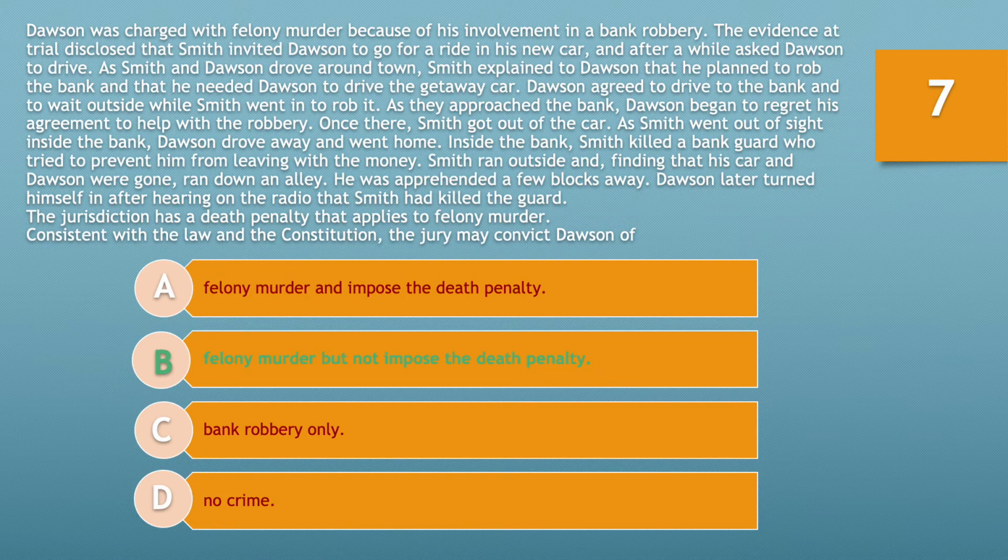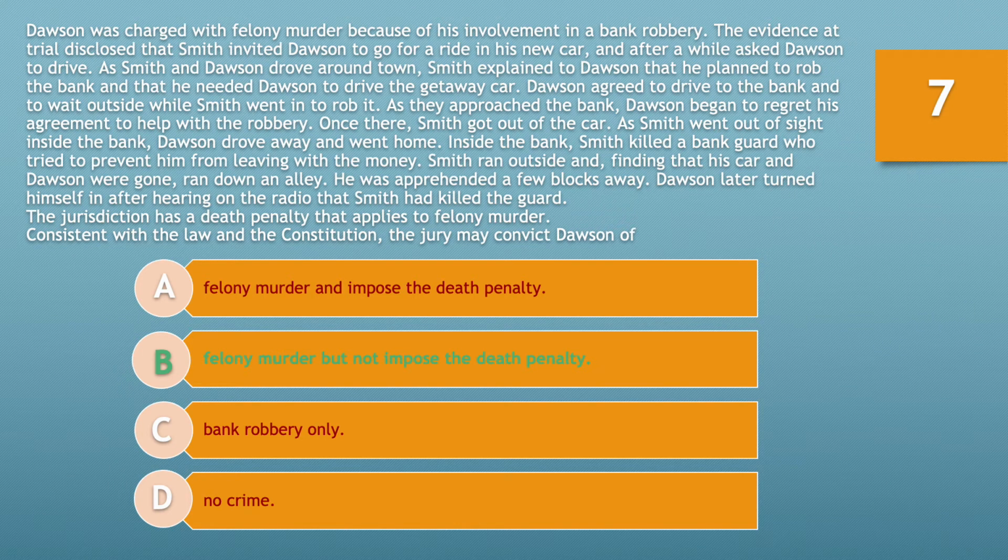A, felony murder and impose the death penalty. That would be incorrect based on the Supreme Court decision. However, it is definitely arguable that many people, if getting this one wrong, might choose A, which is very close to the correct answer. C, bank robbery only.